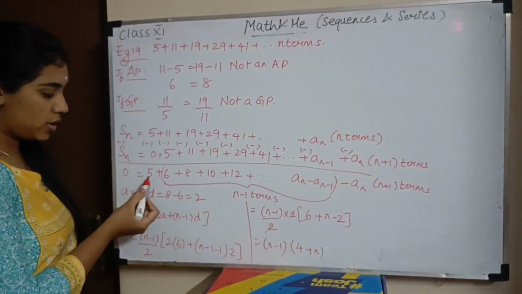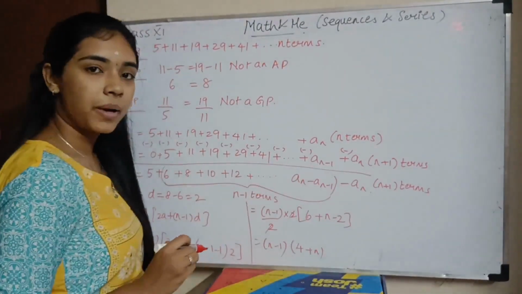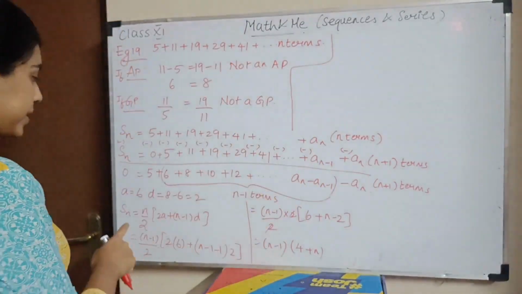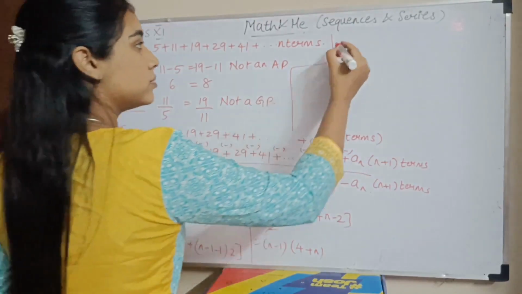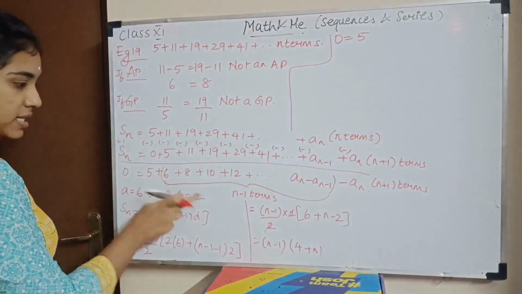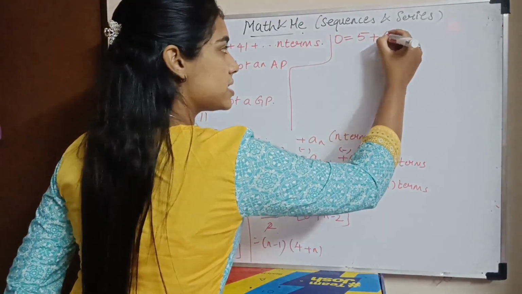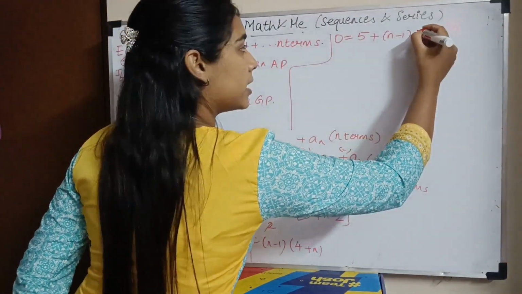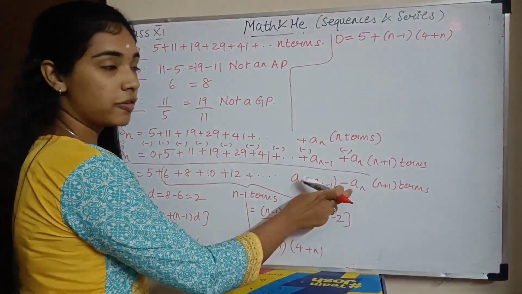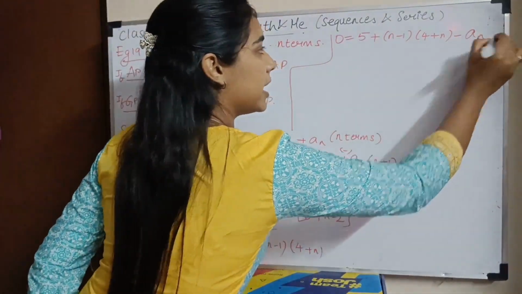Now I need to include this 5 and this minus an. Now what do I have? 0 equals 5 plus n minus 1 times 4 plus n, minus an. Don't forget this also, minus an.